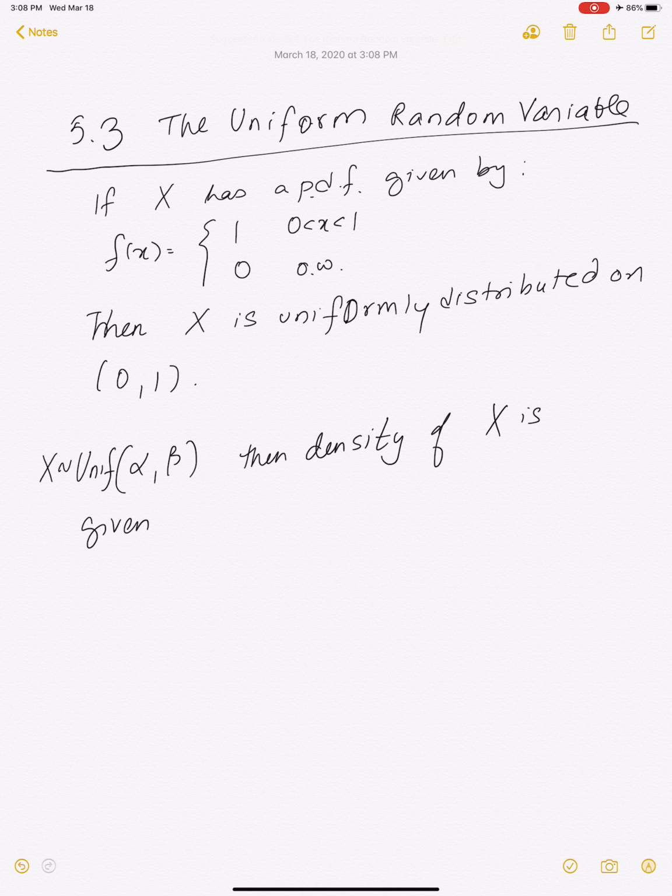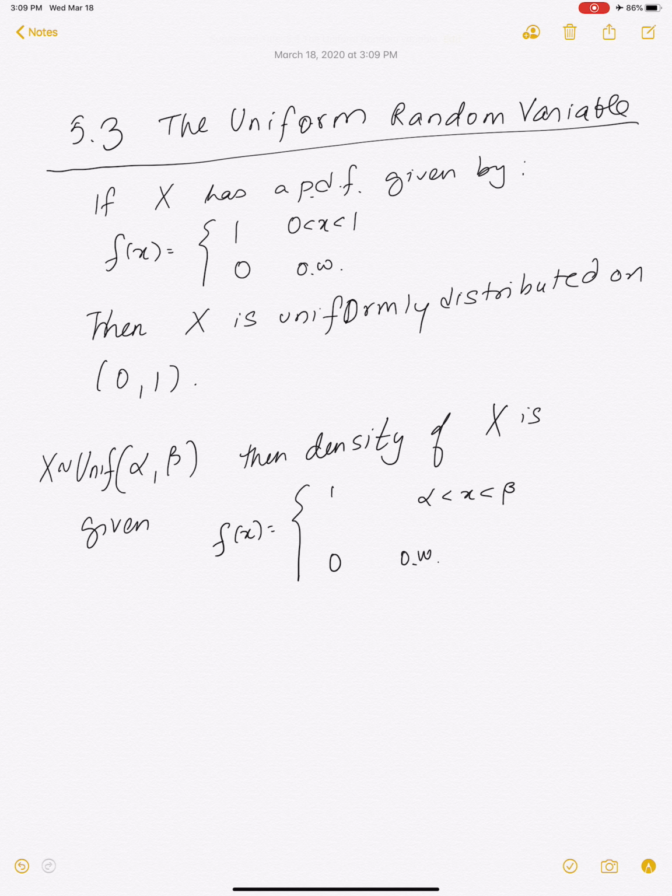This is the interval alpha to beta, very similar to the interval 0 to 1 over here. The density will be 0 if x is not in the interval alpha to beta. And in the interval alpha to beta, you might want to say, well, let it be 1.